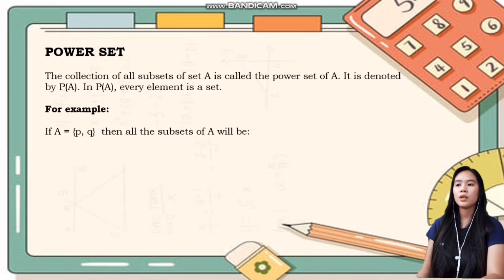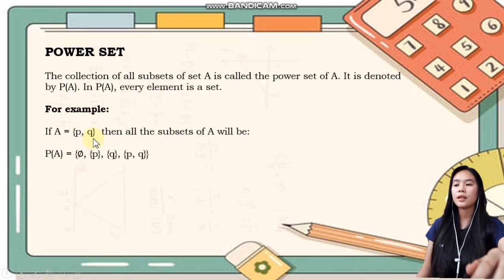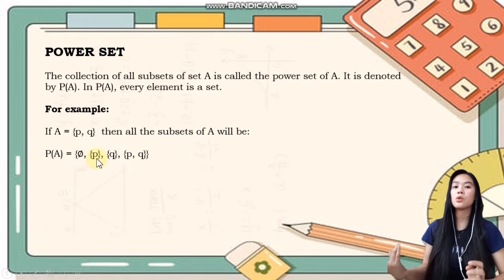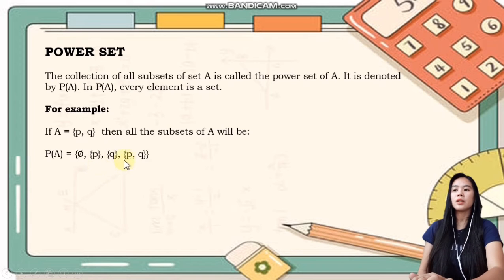These are the example. If A is equals to P and Q, then all the subset of A will be like this. Power set of set A is equals to null set, then P, Q, and PQ.